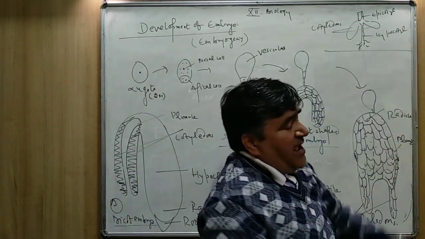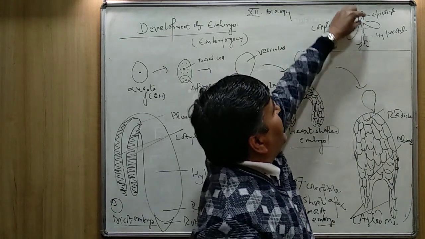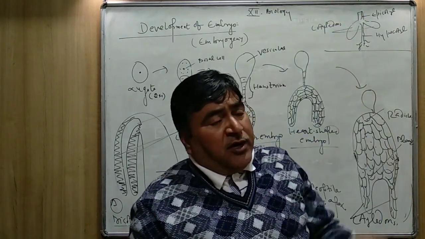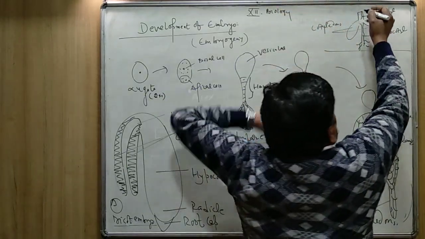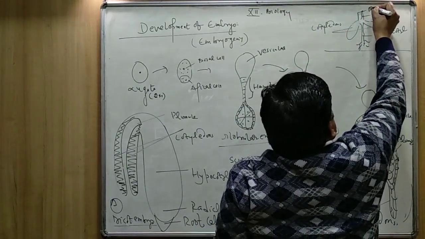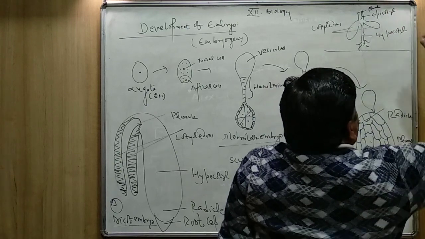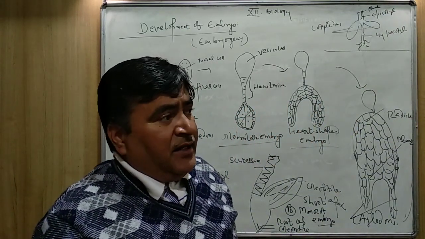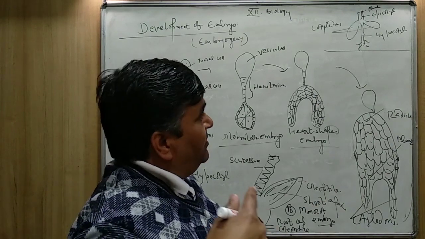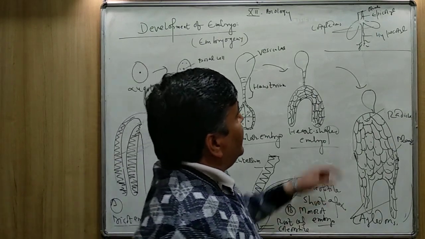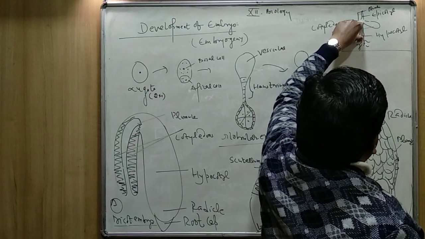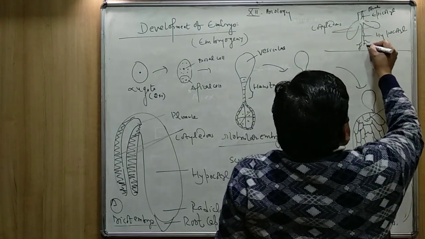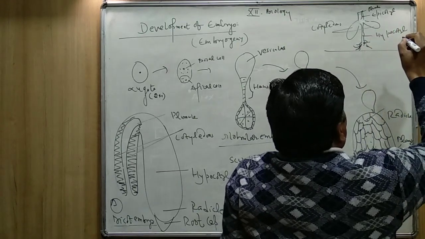This epicotyl terminates into the plumule, which gives rise to the shoot, that is stem and leaf, and this hypocotyl terminates into the radicle, which gives rise to the root.